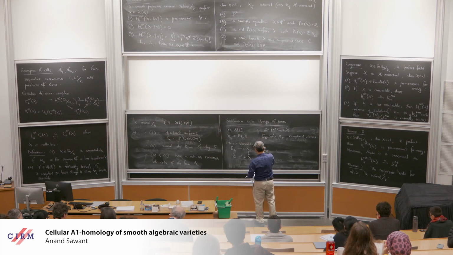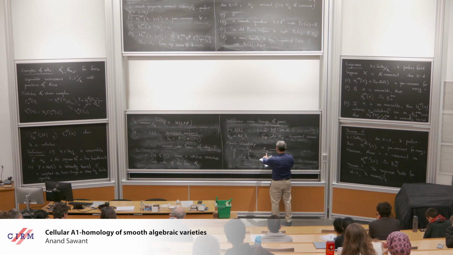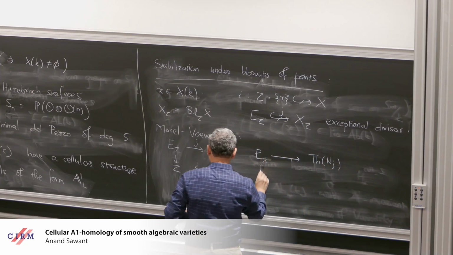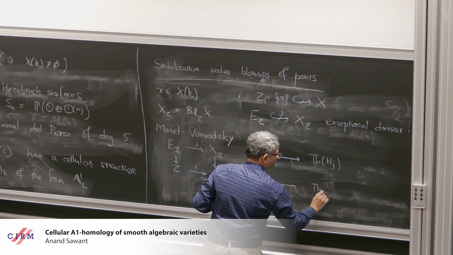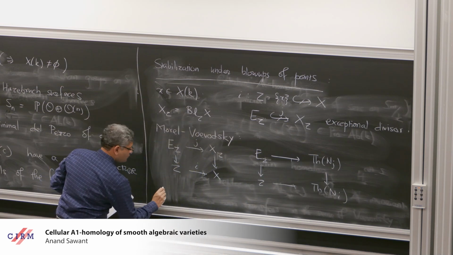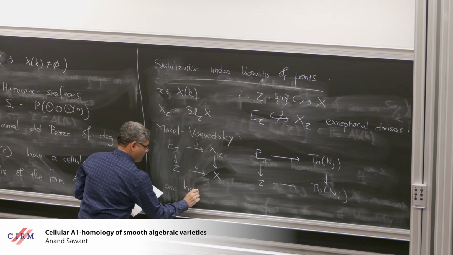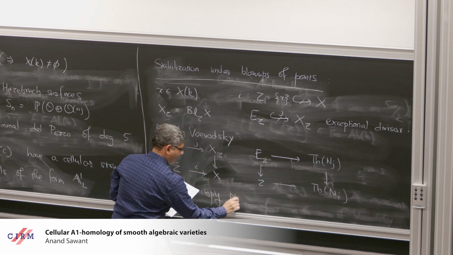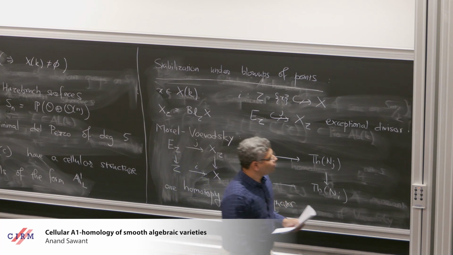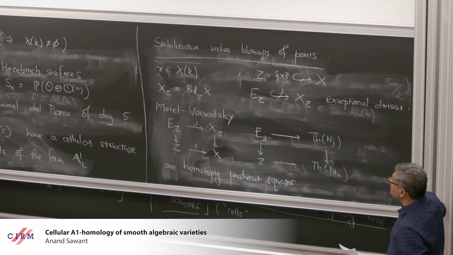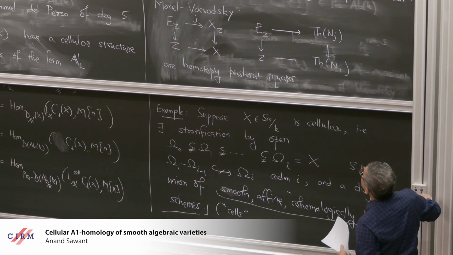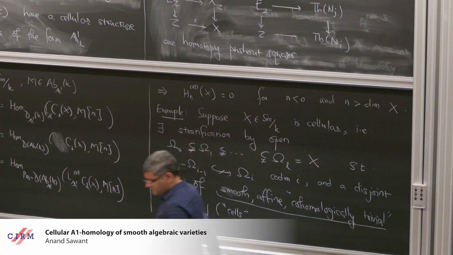So when you take the Thom space and you take this big square from the exceptional divisor to the Thom space of the normal bundle of J, and this to the Thom space of the normal bundle of I, these two are homotopy push-out squares. And so you can write down a Mayer-Vietoris style long exact sequence of cellular homology, which gives you the following.